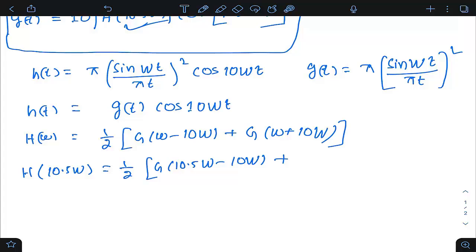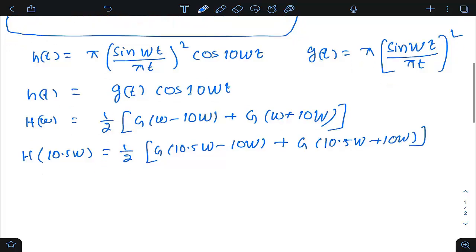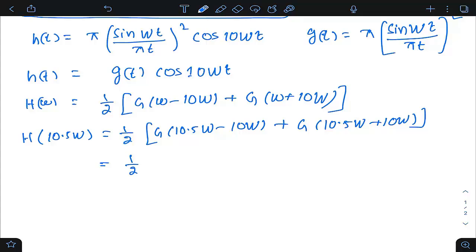So in place of this omega, I'm substituting 10.5W. This is half of G(10.5W − 10W) plus G(10.5W + 10W), which equals half of G(0.5W) plus G(20.5W).